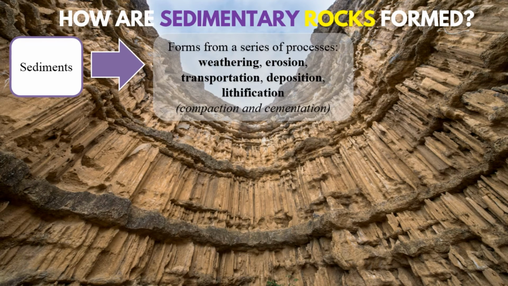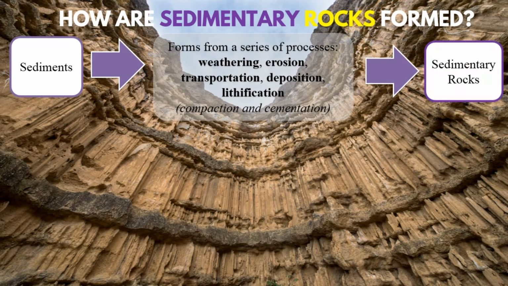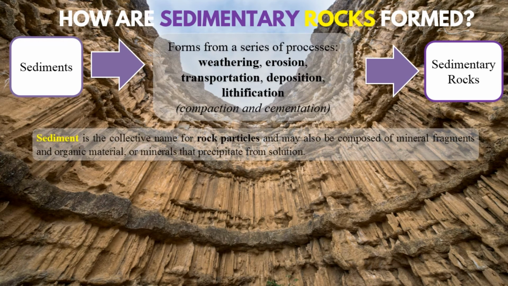This series of sedimentary processes will result in the formation of sedimentary rocks. Speaking of sediments, what are sediments? Sediment is a collective name referring to rock particles that may also be composed of mineral fragments and organic material or minerals that precipitate from solution.